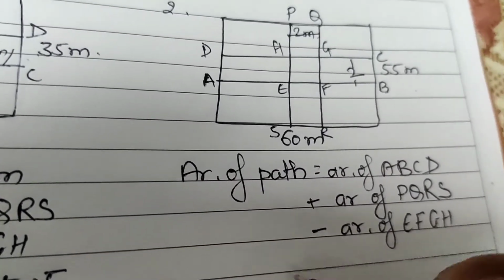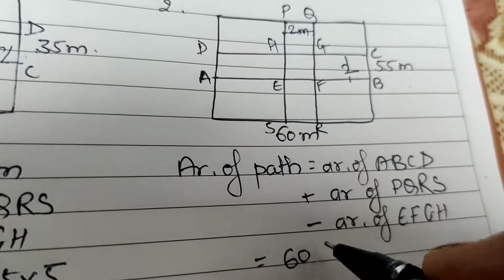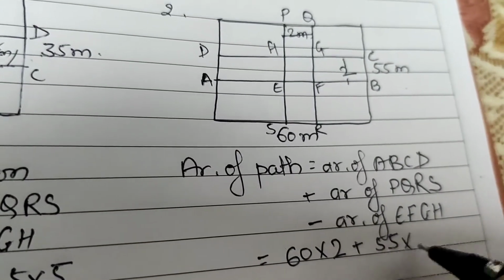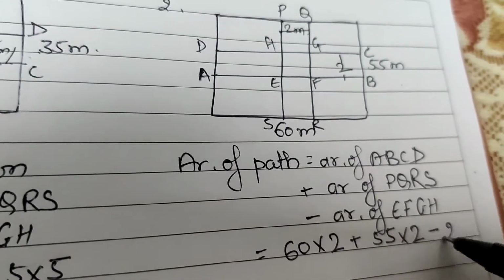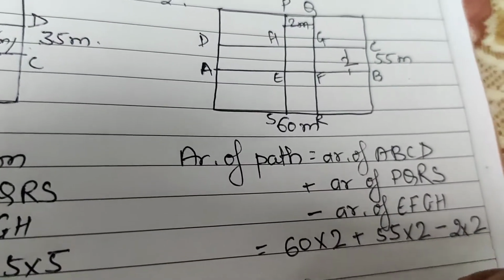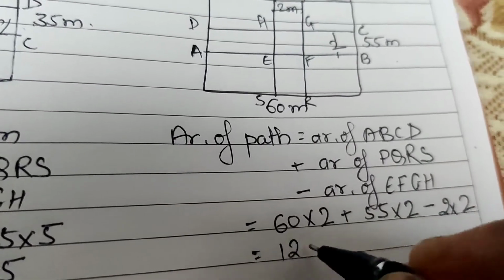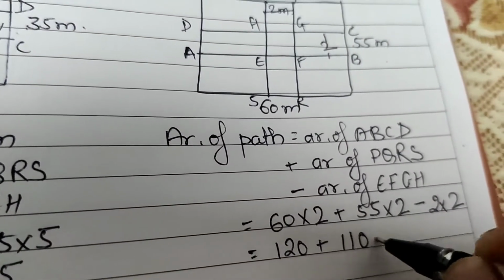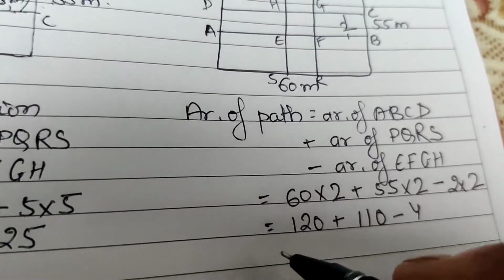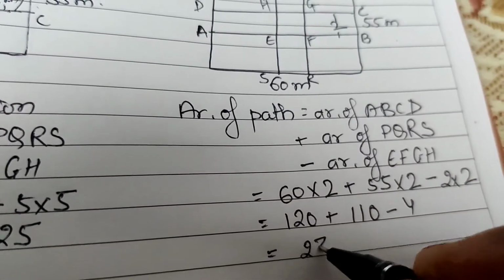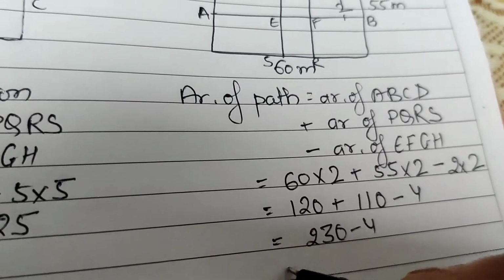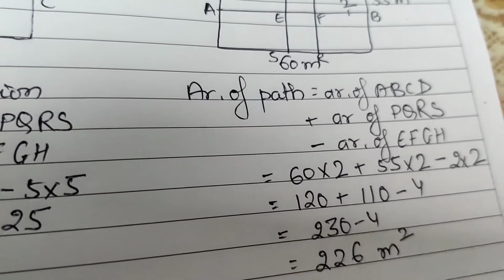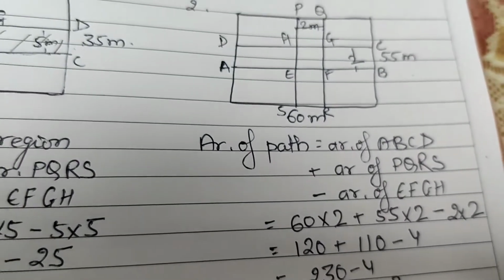Okay. Same question. Length is 60 meter. Breadth is 2 meter. Length is 55 into 2 and minus 2 into 2. Now you can solve: 120 plus 110 minus 4. Okay. 230 minus 4. 226 square meter. This is the area of the path.